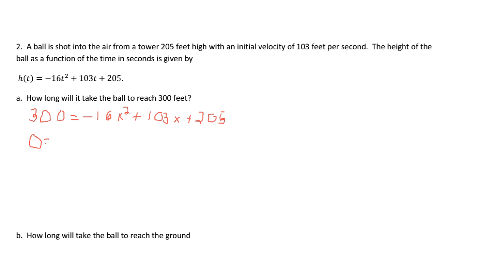Subtract 300 from each side. Negative 16 x squared plus 103x minus, is that 95? 300 minus 205, yes, 95.